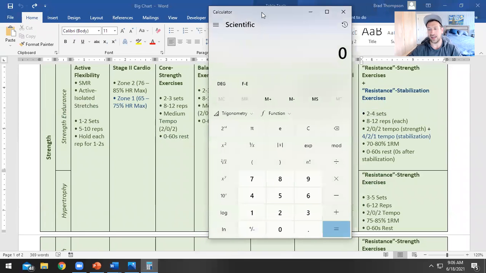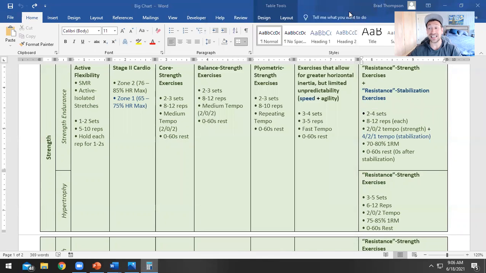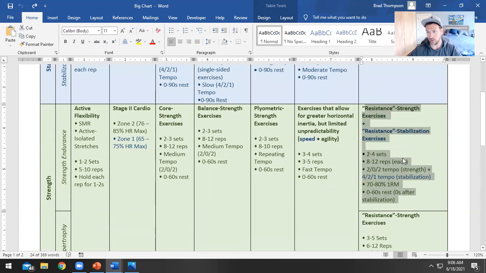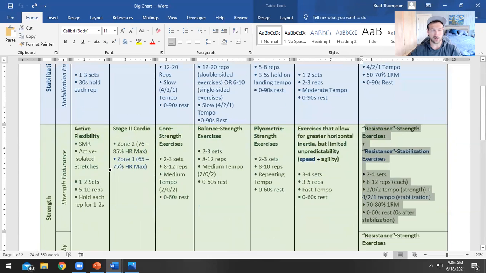That's going to be a minimum of 16 times 2, that's 32, and a minimum of 24 times 4, that's 32 to 96 reps. So our training volume went up massively in our strength endurance phase.